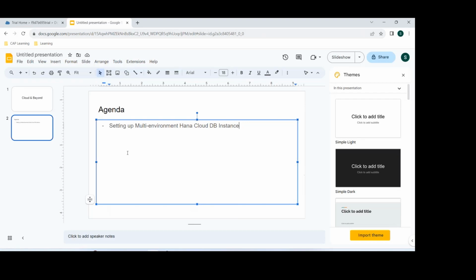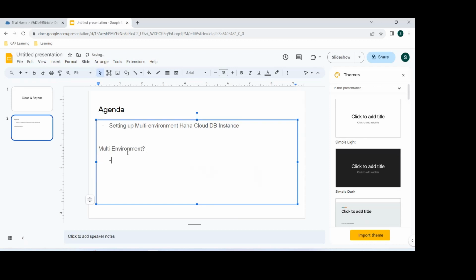Now, when we say multi-environment HANA Cloud DB instance, it brings us to an important topic: when we say multi-environment, what is it, and why is there a need to go with multi-environment?